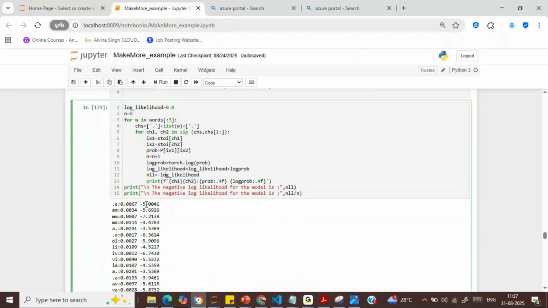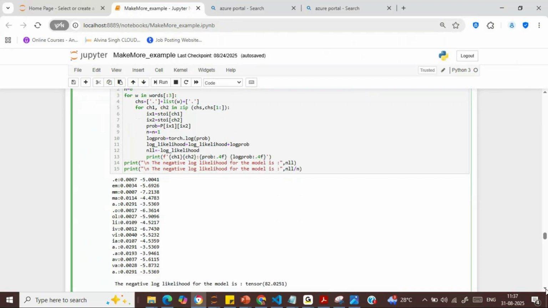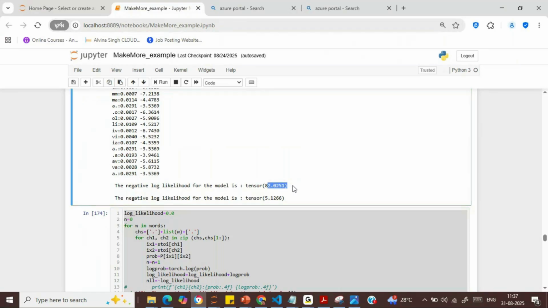Based upon that, we are able to see the sum of all the tensor is 82.02, and the negative log likelihood over here is 5.12.